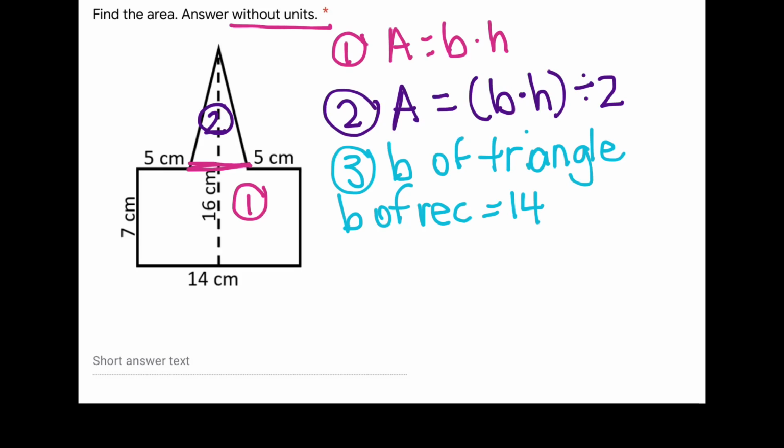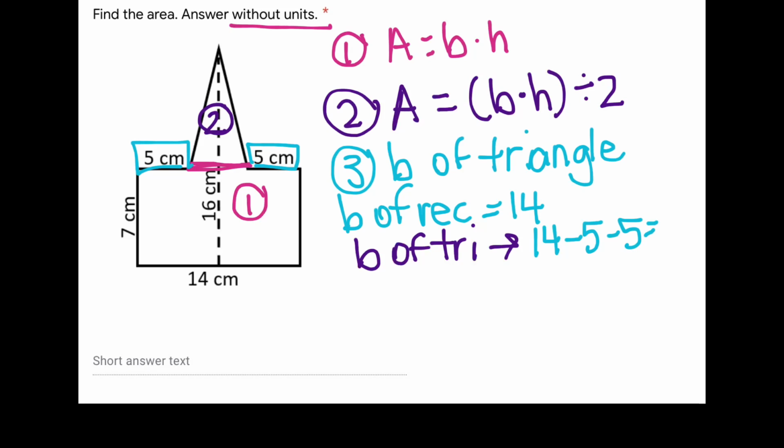And we know that we have a 5 and a 5. So to find our base of our triangle, we are going to have to take that 14 and subtract the 5 and the 5. And that will give us our base of our triangle.